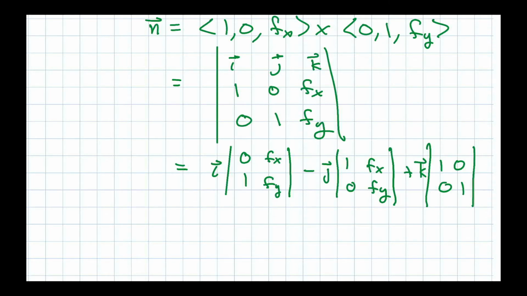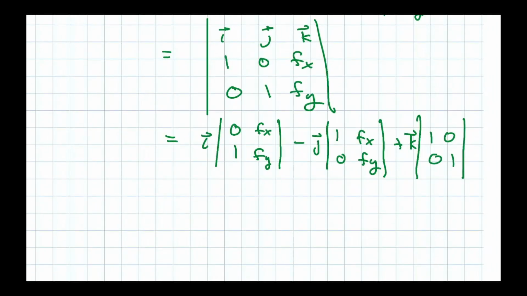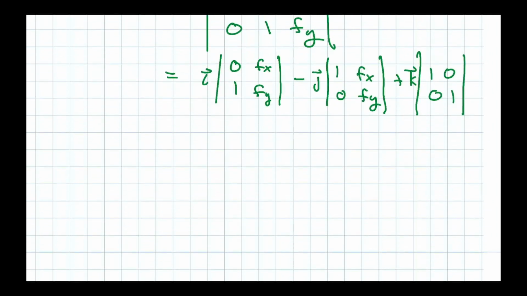Let's see here. Oh, they reversed those from me. I'm going to keep it the way it is just to avoid rewriting it, but let's just finish this out. So if you finish this cross product, then we got to do the determinants of these little 2x2s.